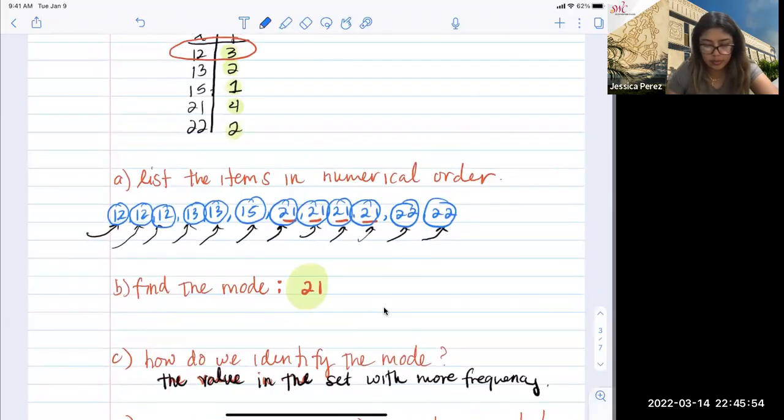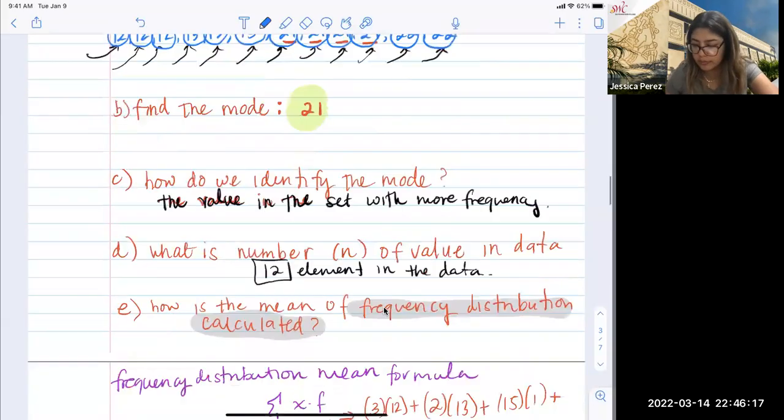So we have 12 plus 12 plus 12 plus 13 plus 13 plus 15 plus 21 plus 21 plus 21 plus 21 plus 22 plus 22. Yep, so it's 205.